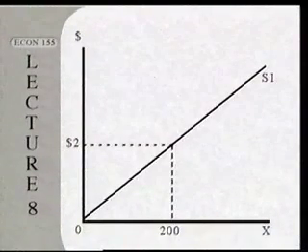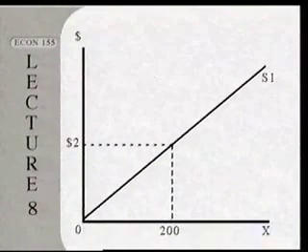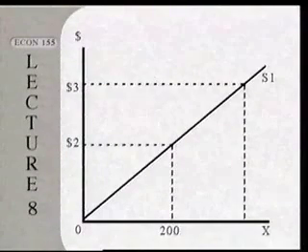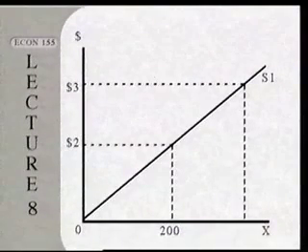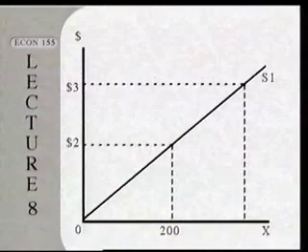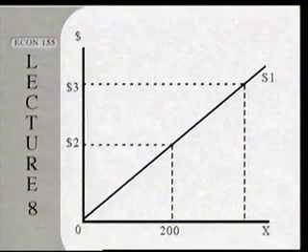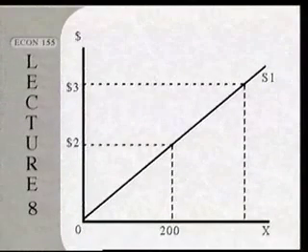If there's a change in price, let's suppose the good goes up to $3, then we see a greater quantity supplied. But that's a movement along the curve. This is not a change in supply, not a shift in the supply curve. A higher price corresponds to a larger quantity supplied, but that's a movement along the supply curve. So this is a change in quantity supplied.